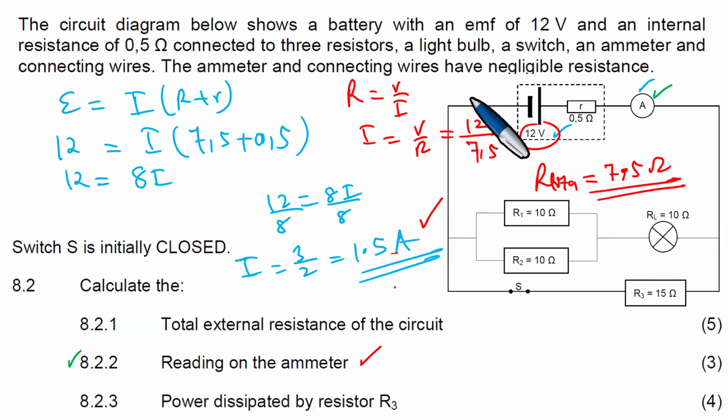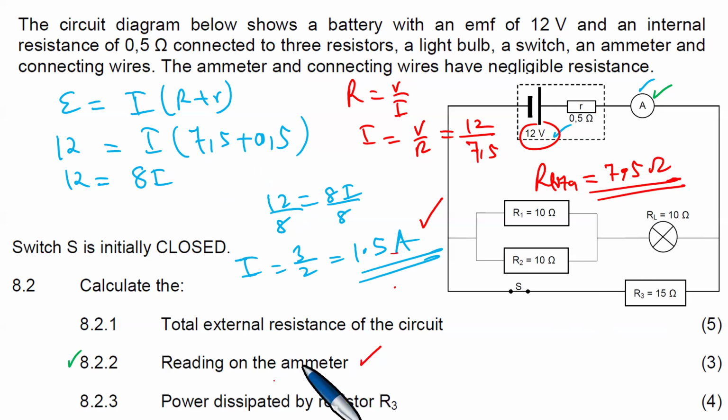But the 12 is EMF, and it must include the internal and the external, so it must include both 7.5 and 0.5. It's something you need to check there. But that was the reading on the ammeter.